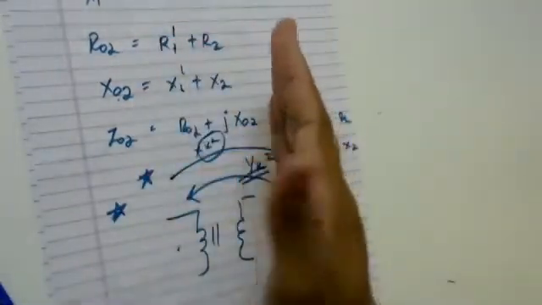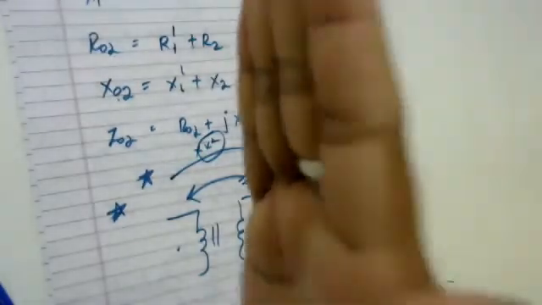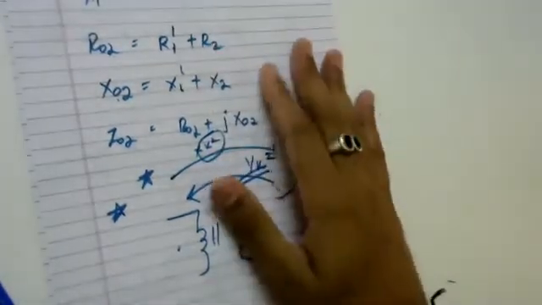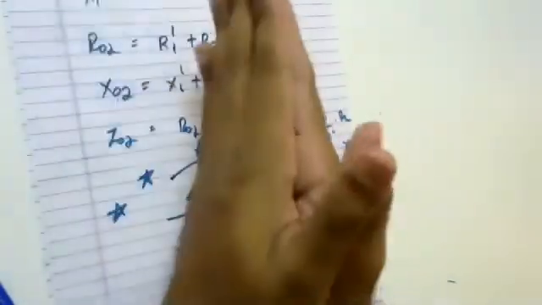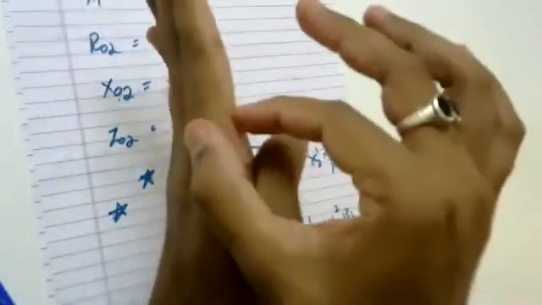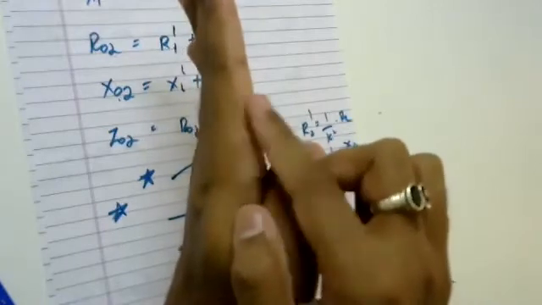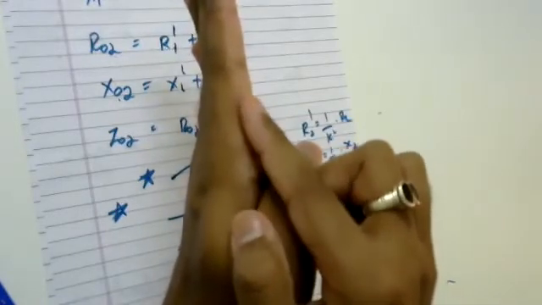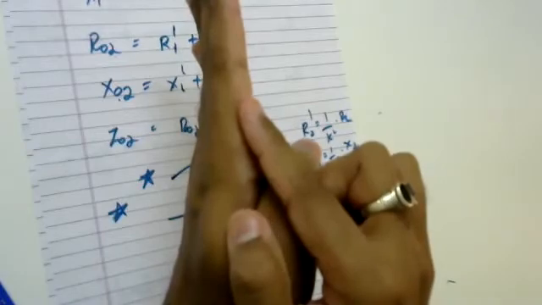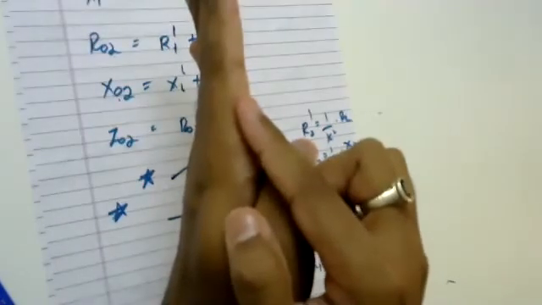You have chopped it into several pieces, taken a skinny layer of that element, and again you are joining it. Then what's the use of that? I can say, my dear student, when it was one element like this, the thickness of this element was more. Since thickness was more, the eddy current loss is going to be more.